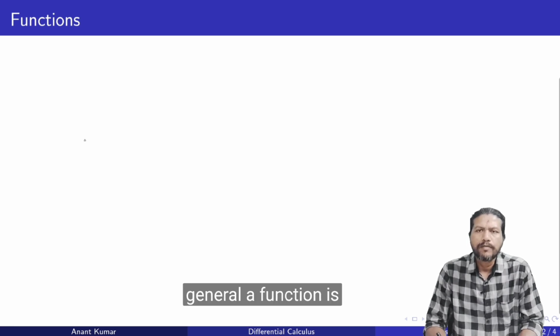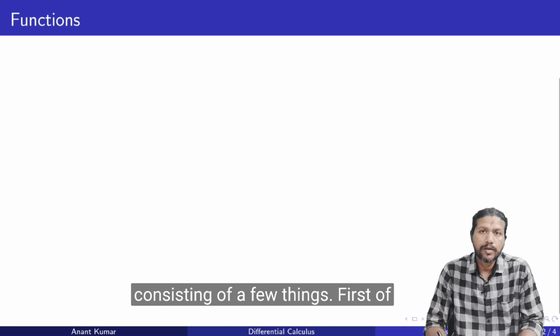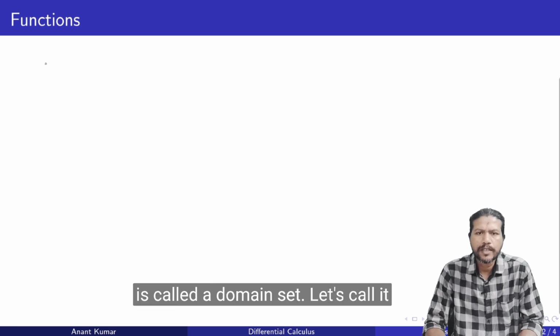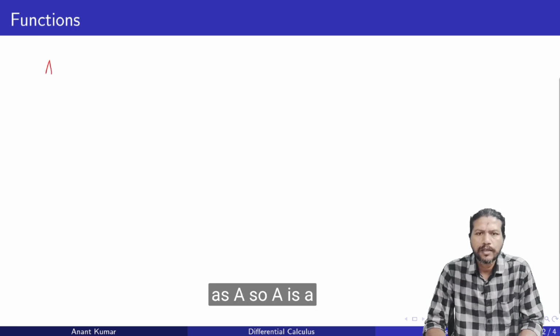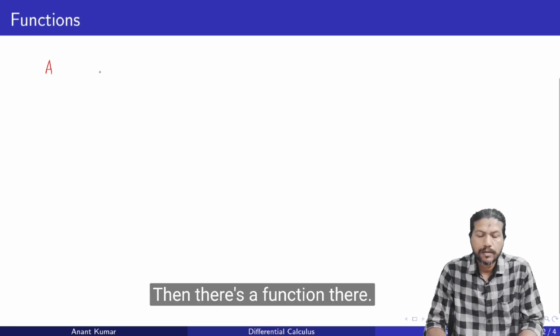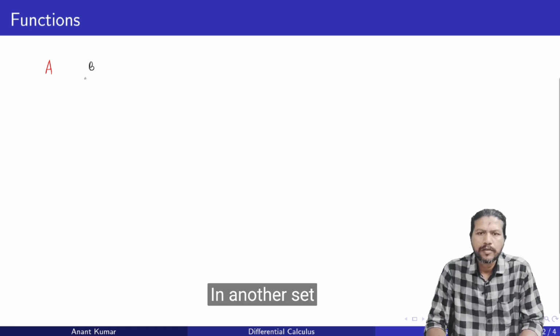In general, a function consists of a few things. First of all, there is a set which is called the domain set. Let's call it A. So A is the domain set. Then there is the codomain, another set, call it B, and then there is a rule.